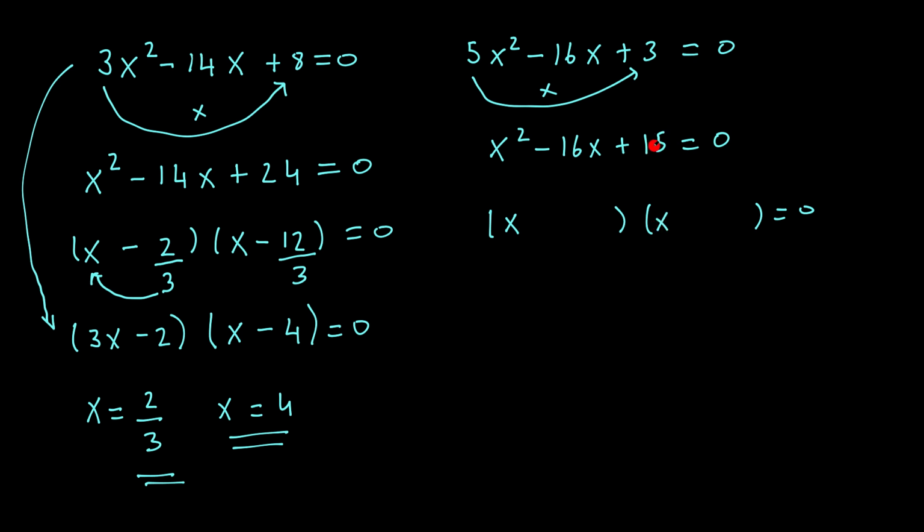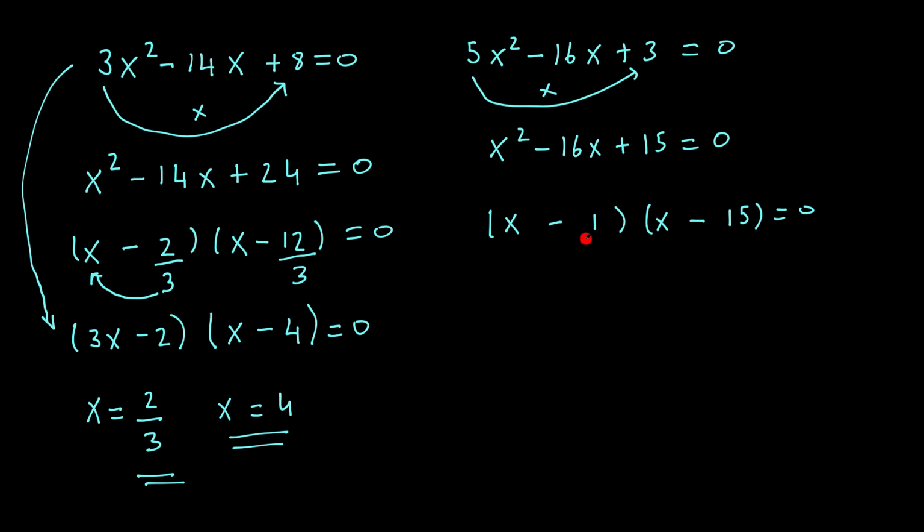Now the two numbers that will give me 15 when multiplied together and add to give me 16, of course, is 15 and 1. And that's a negative and that's a positive. That means that they both must carry the same signs. So x minus 1, x minus 15 is equal to 0.